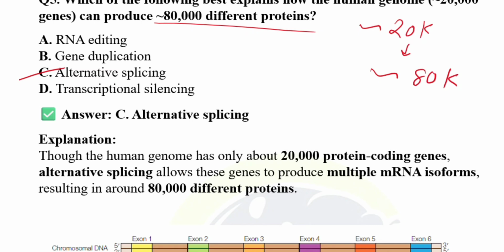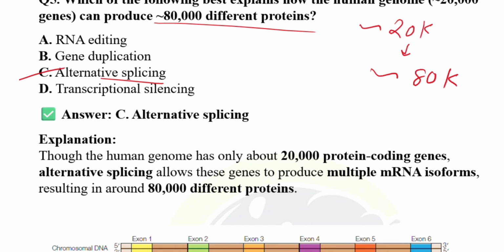Only 20k genes but 80k variants of protein in our body. This is because of the different mRNA variants which are made due to alternative splicing. Alternative splicing is one of the most important techniques which offers diversity in proteins in different organisms.